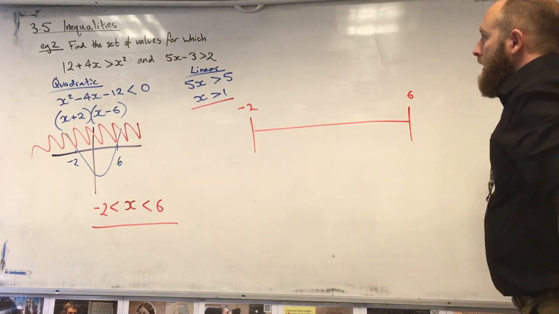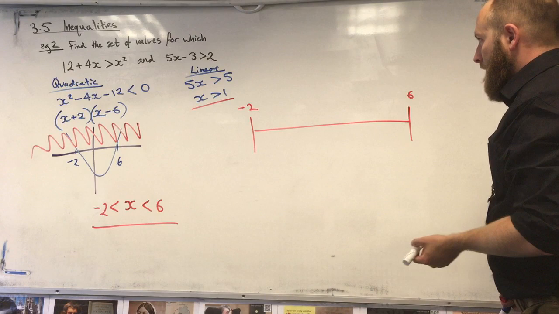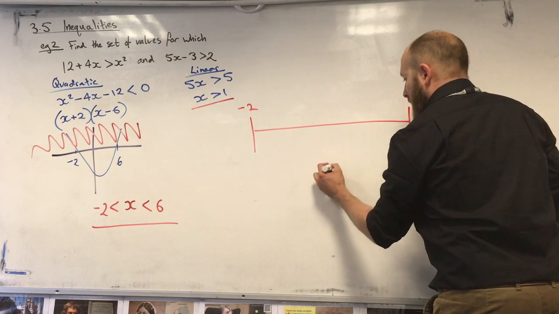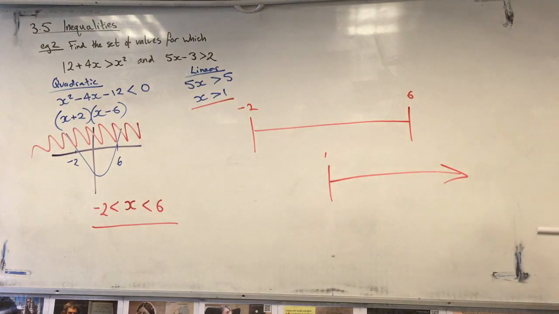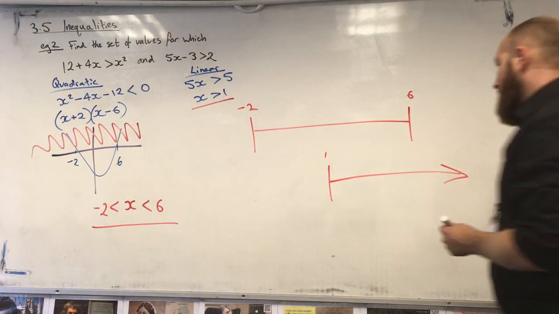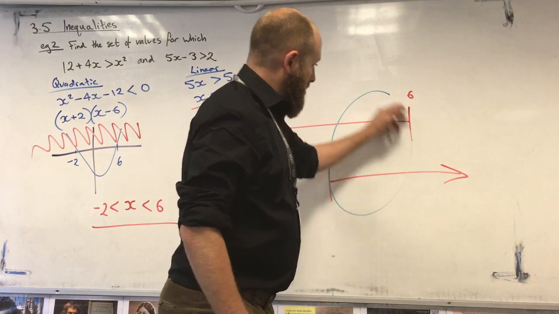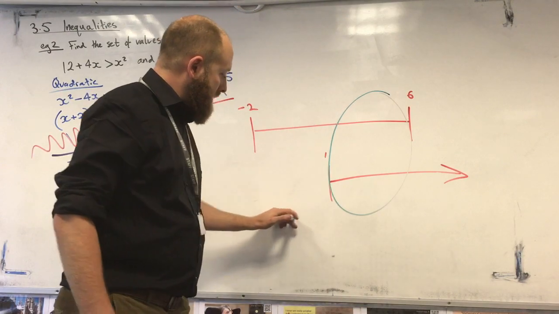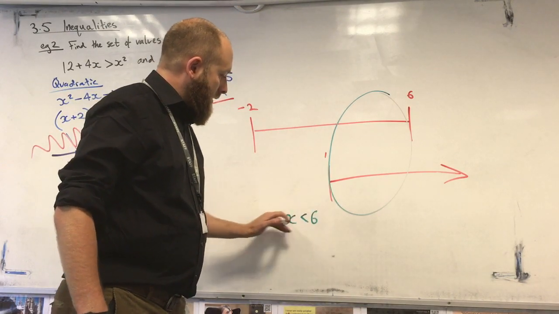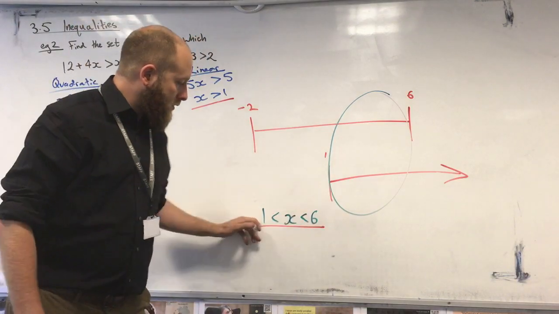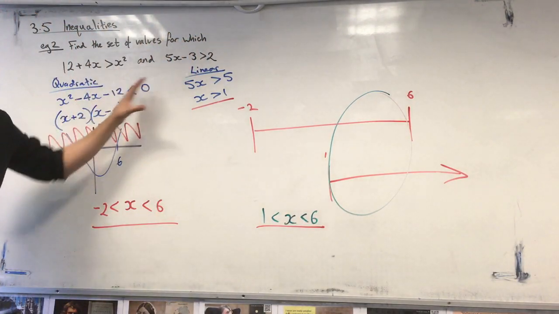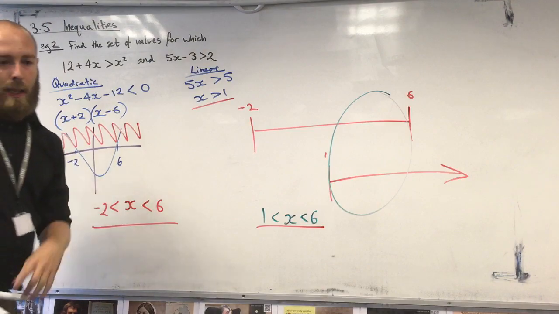Anything in there is allowed. And for the linear inequality, x can be anything greater than 1. So 1's about there, and there's our values. So the values that agree for both of these is this overlap here. So we can say x is less than 6, but greater than 1.